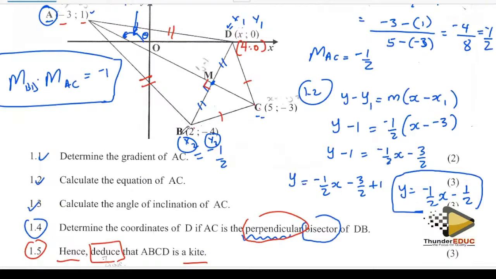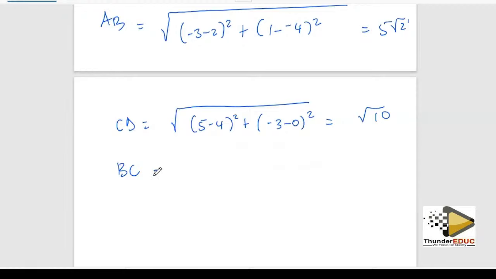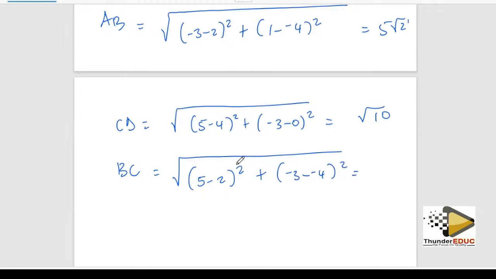With BC, I'm looking at 2, -4 and then 5, -3. Substitute that into the distance formula. So that's going to be 5 minus 2 squared plus -3 minus -4 squared.